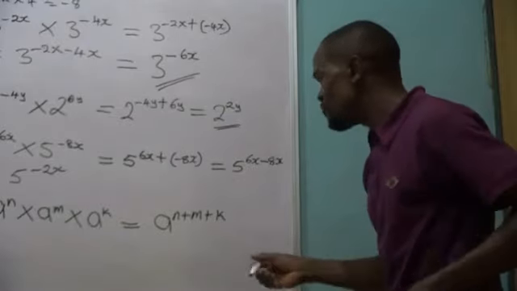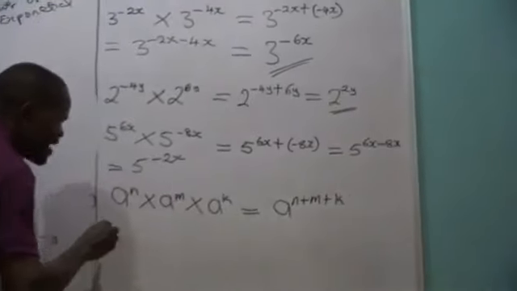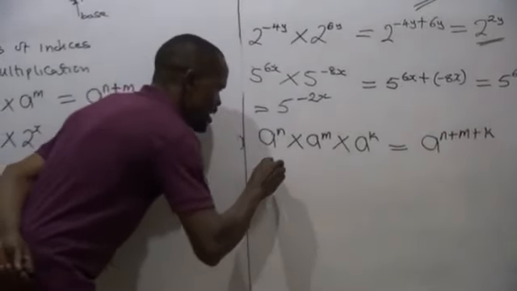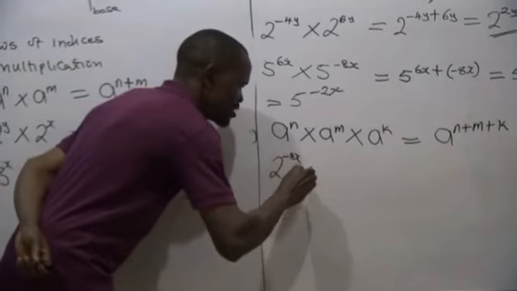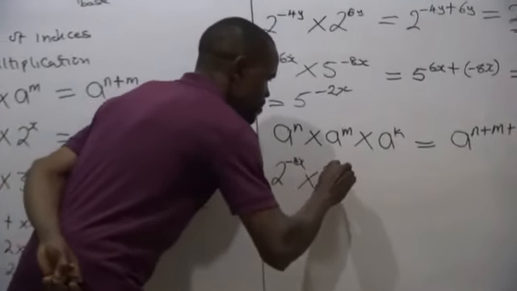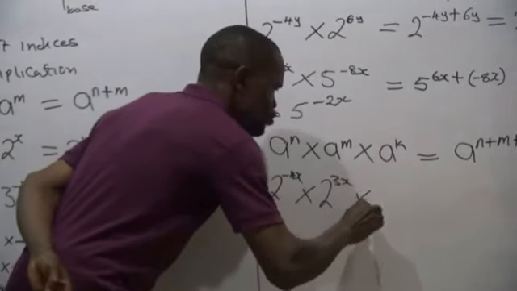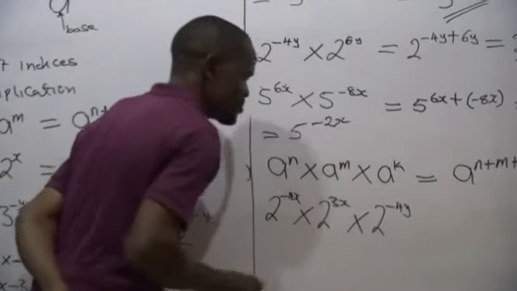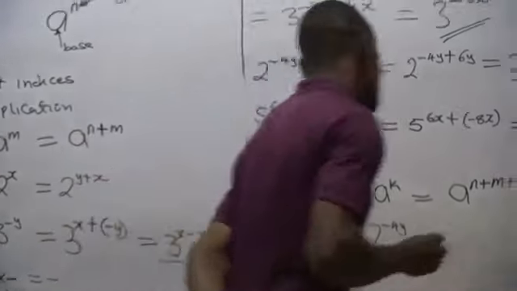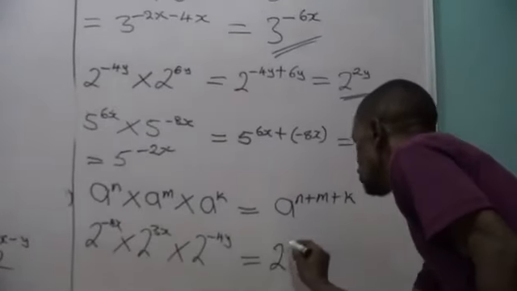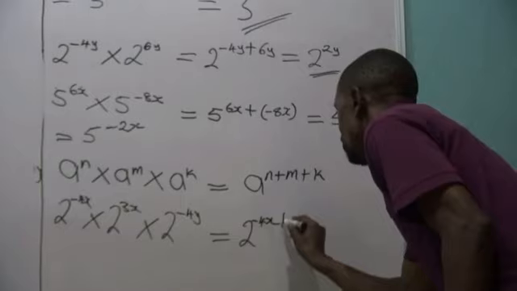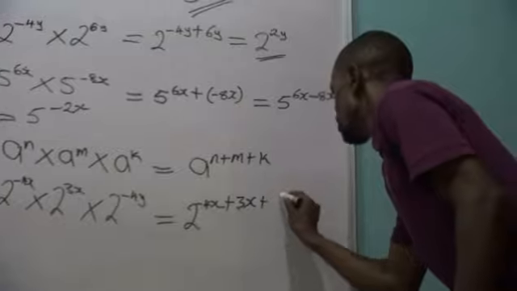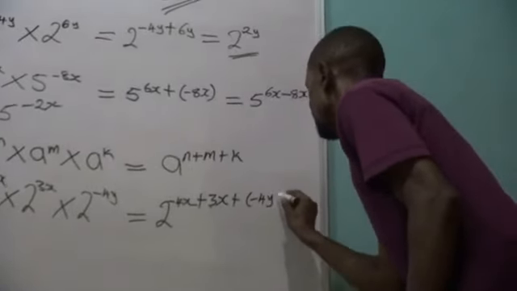So, for instance, if I have for example 2 raised to power minus 4x times 2 raised to power 3x times 2 raised to power minus 4y, I can have this to be 2 raised to power minus 4x plus 3x plus minus 4y.